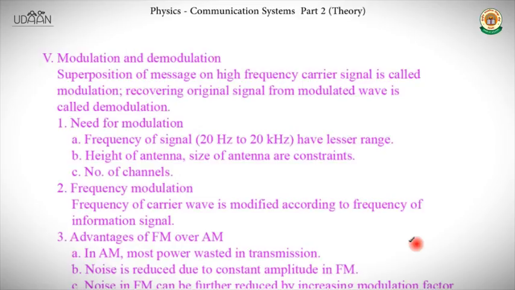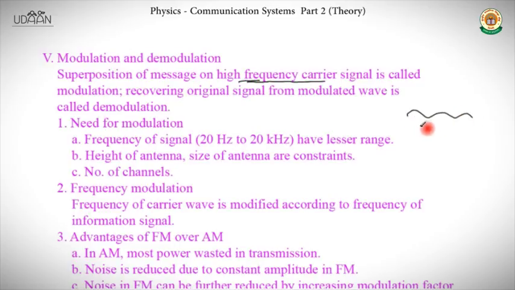First, let me tell you what modulation and demodulation are. Superposition of the message on a high frequency carrier. Remember, it has to be high frequency because higher frequency results in more range, lower power loss, lesser noise. So superposition of the message on a carrier wave.